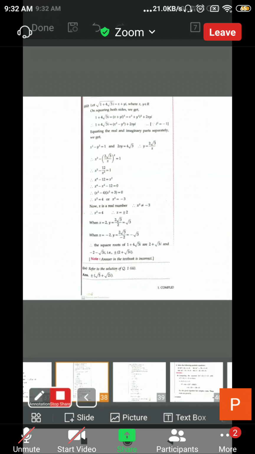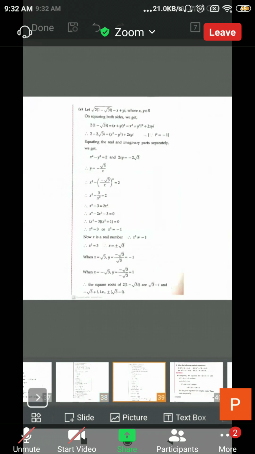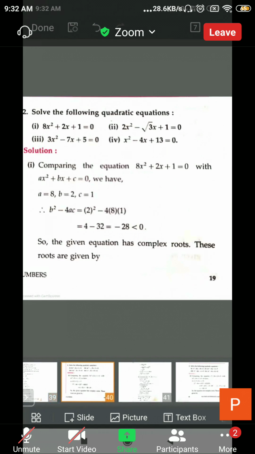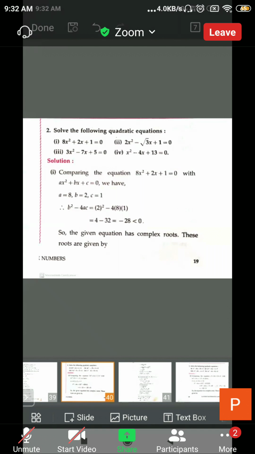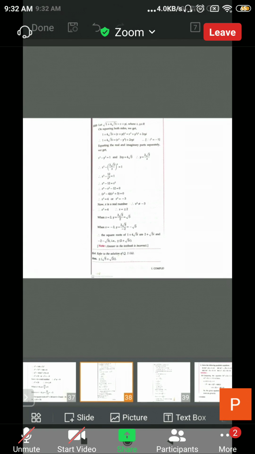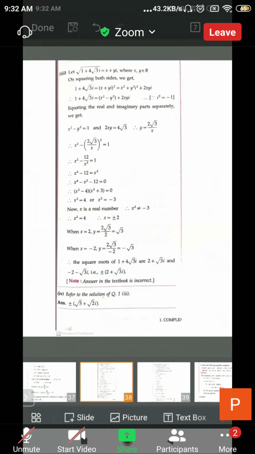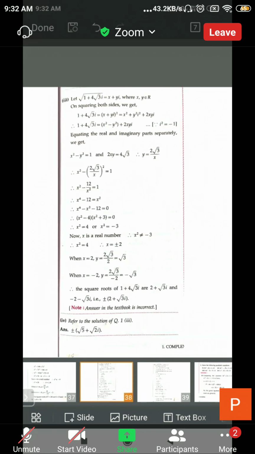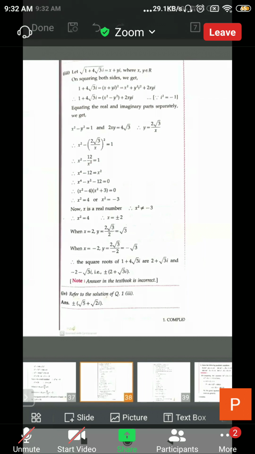Again, these are similar examples for finding the square root. Just go through them if you are having any difficulty.